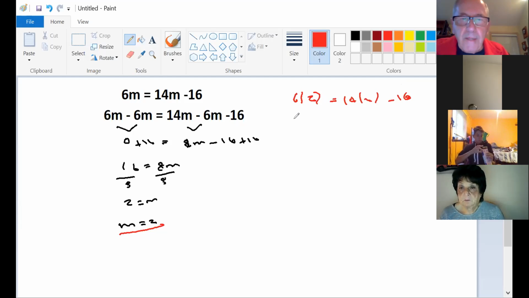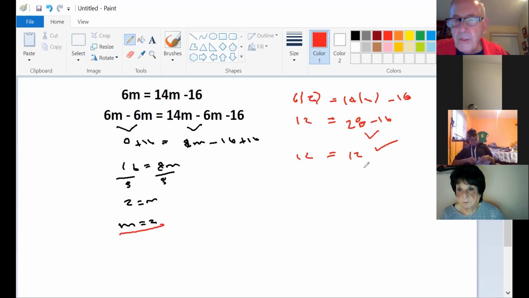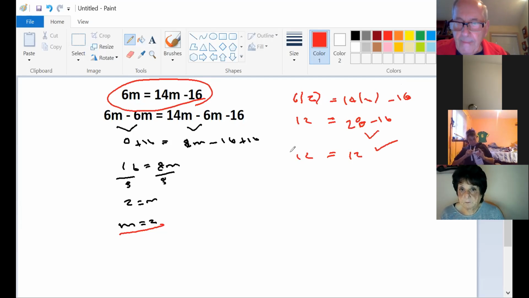On the left side, you've got 12. 14 times 2 is 28, minus 16 is 12. So 12 is equal to 12, and therefore it checks. That's the only value of m that works in this equation.